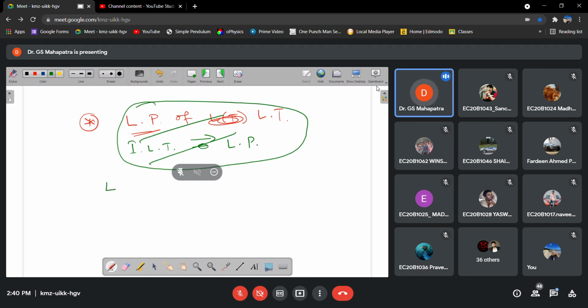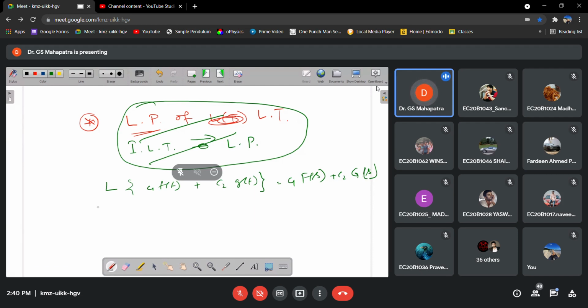So we know that the Laplace transform of c1 f(t) plus c2 g(t) equals c1 F(s) plus c2 G(s).